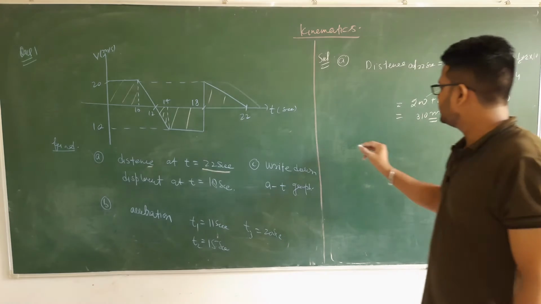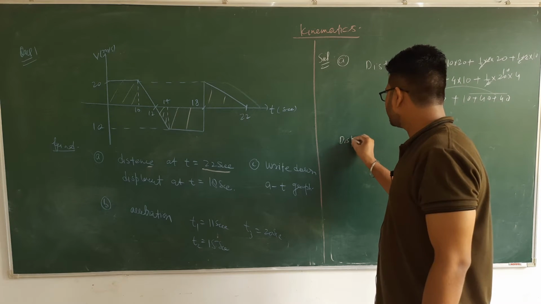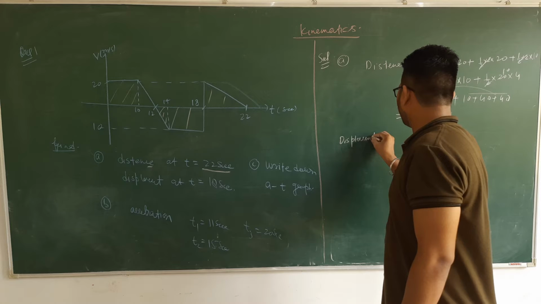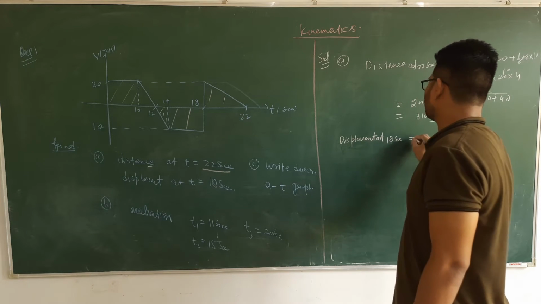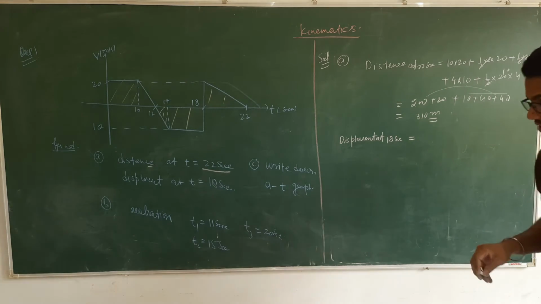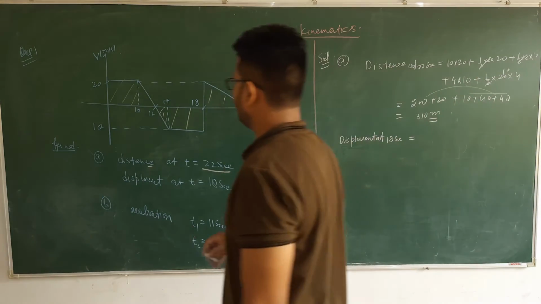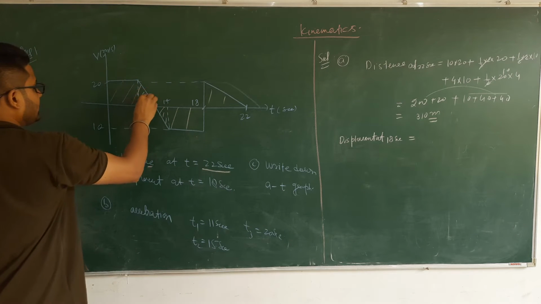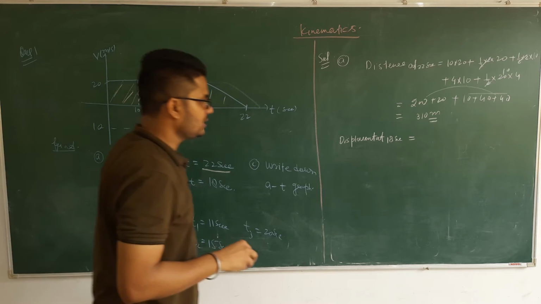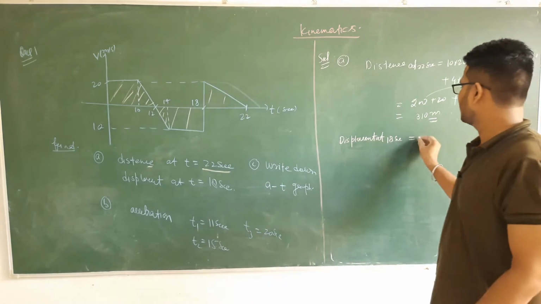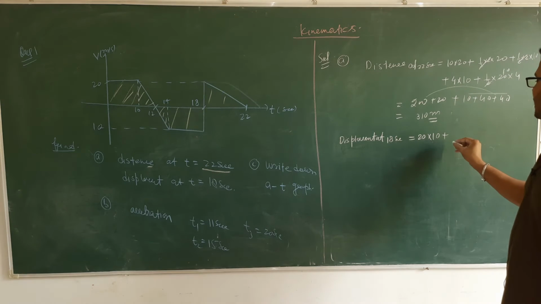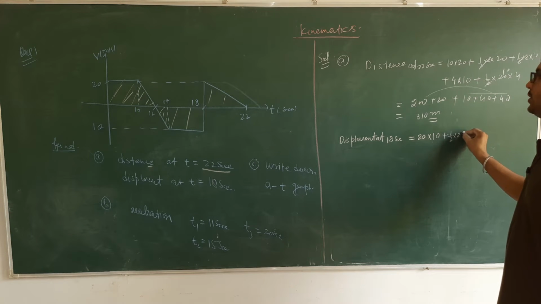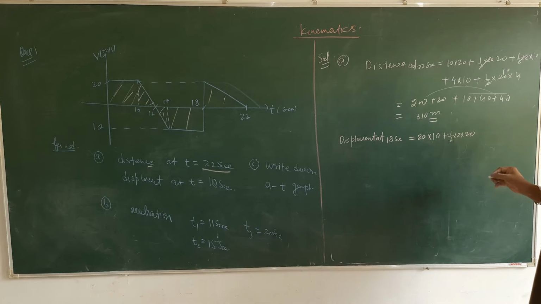Okay beta, so displacement at 18 second, what will be the displacement? First of all, add positive area. What is the positive area? Positive area is this one. So what is the positive area? Positive area is 20 into 10 plus half into 2 into 20. Okay, and subtract negative area.